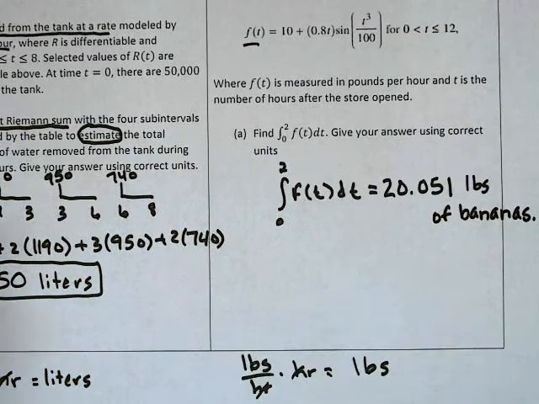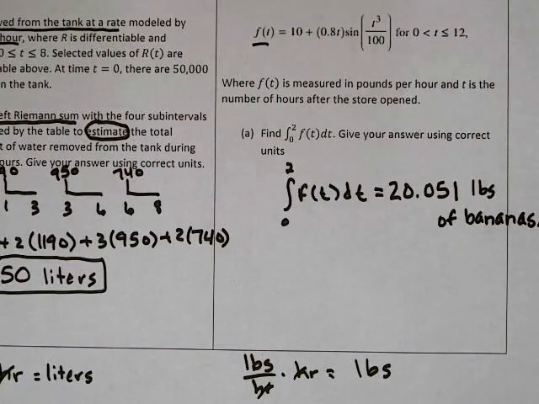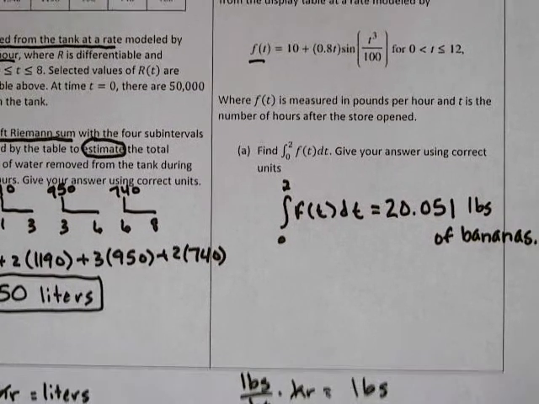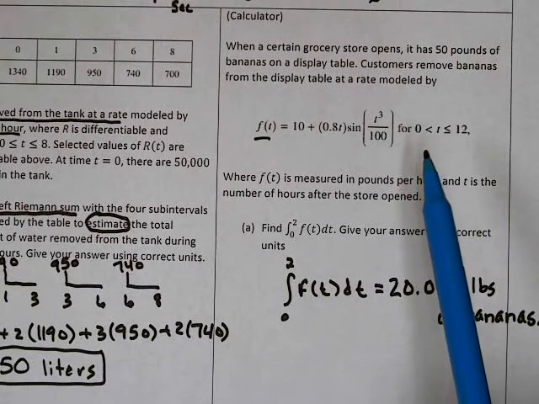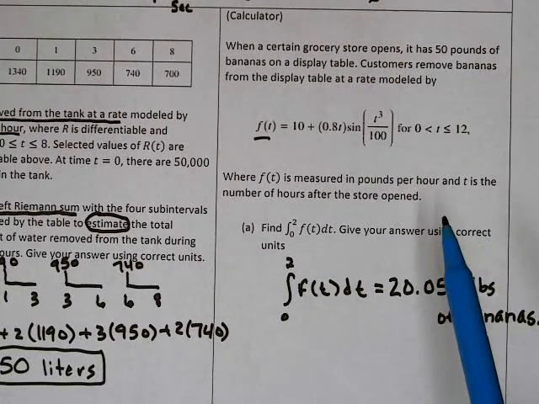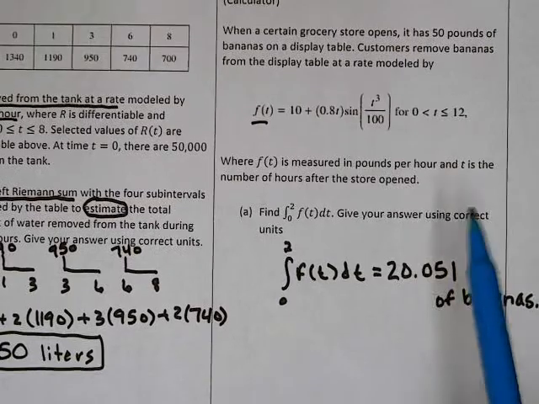And again, you'll notice that this one doesn't necessarily ask you for an explanation, but I want to talk about it anyway because I think it's important for us to make sure we know how to do this explanation. So what did we measure? Well, we were measuring the rate at which customers were removing the bananas, right? And then we found the integral.